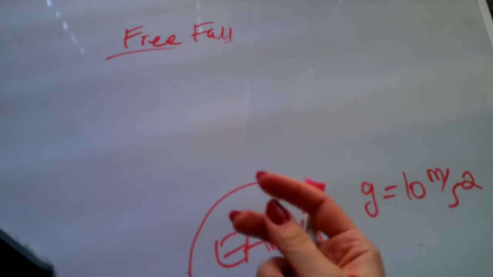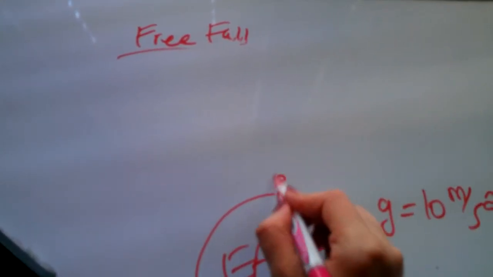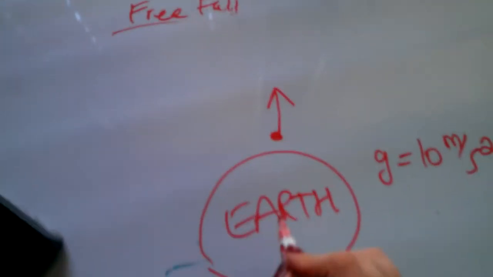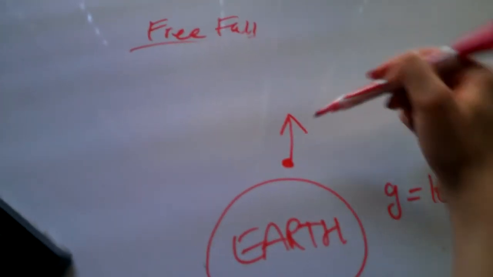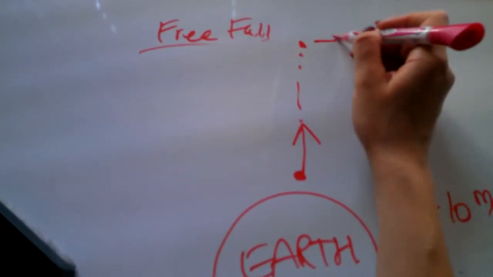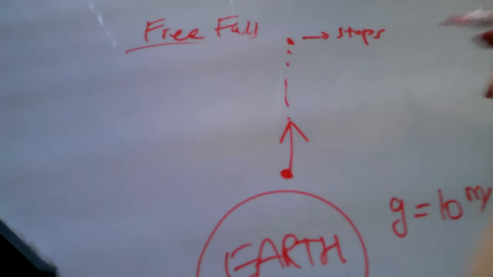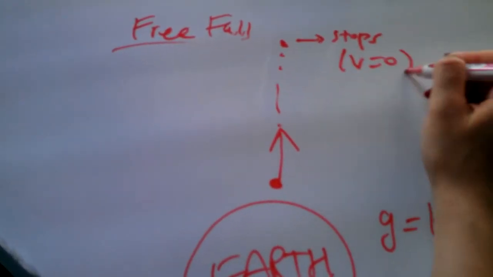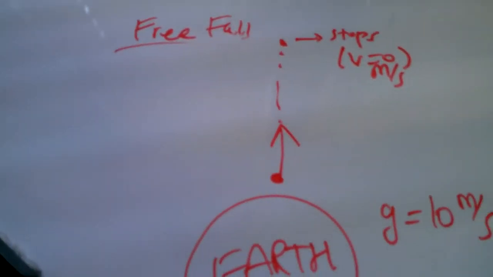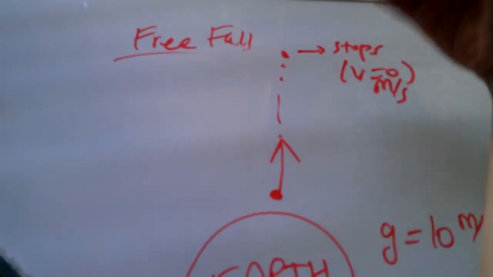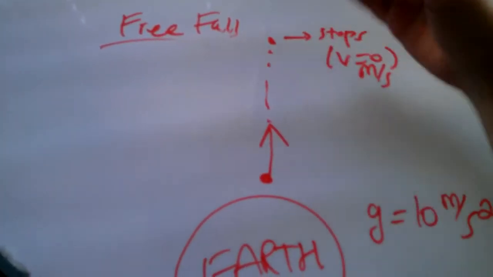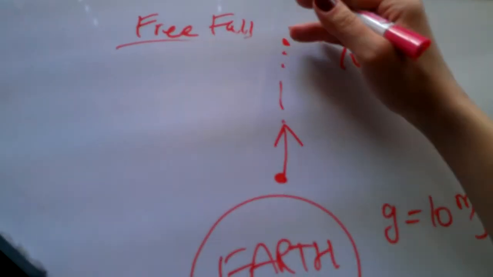But what if I tell you I'm throwing something up? If I throw something upwards, then we know it's gonna stop at some point. Here, it stops, which means its velocity becomes 0 meters per second. But what is the fashion of this slowing down motion?